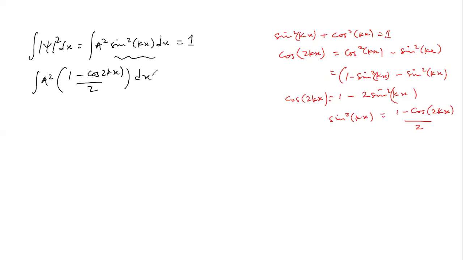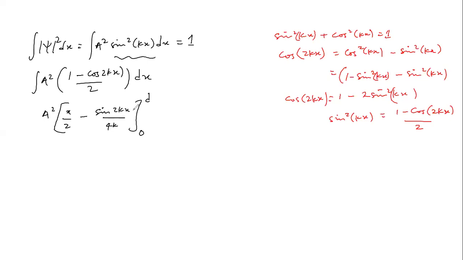Once we do this, it gives us A squared into brackets x over 2 minus sine 2kx over 4k, evaluated from 0 to d.